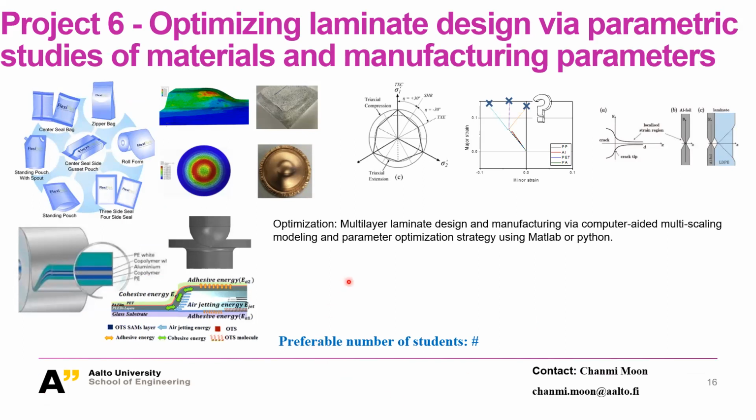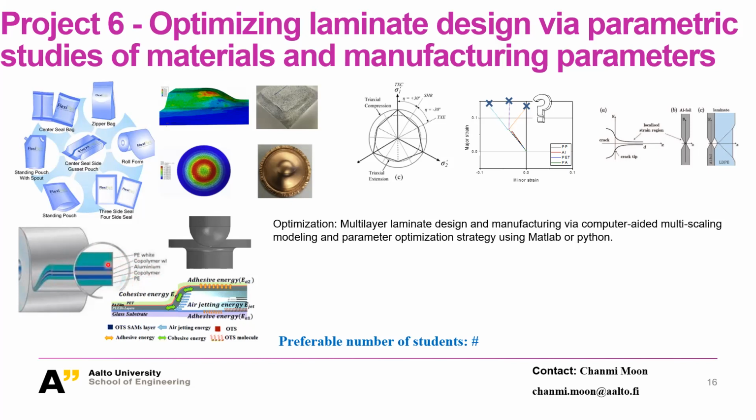Okay, so my project is named Optimizing Laminate Design by Parameter Studies of Materials and Manufacturing Parameters. The material that we are going to build is some kind of multi-layer laminate, and it can be bearing components. For example, here you can see a polyethylene and some kind of copolymer, which is an adhesive attaching to a polymer layer, and here aluminum foil, and also another adhesive, and another polyethylene.